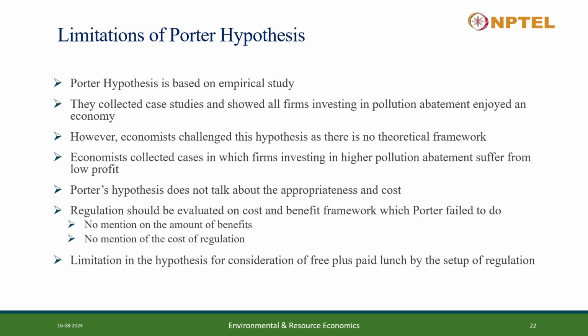However, in reality there is always a cost of regulation, and there is no mention of the amount of benefit. And the last one is that he is assuming that it is a free lunch, that a regulation is given and you are benefited. That is not the case in reality. So those are a few of the arguments against the Porter hypothesis.